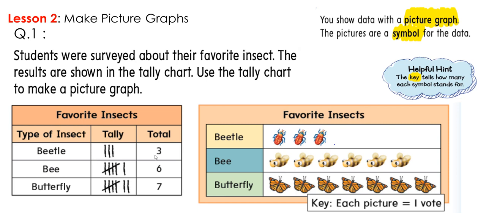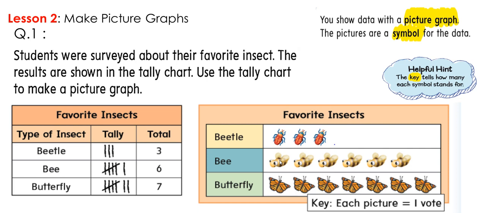Now, it was between beetles, bees, and butterflies. Now, let's see how many people voted for beetles. 3 people is showing here in the tally chart. So we have to draw 3 insects here so that we can see it in a picture and it will become very clear to us. For bees, how many people voted bees? 5, 6. 6 bees.